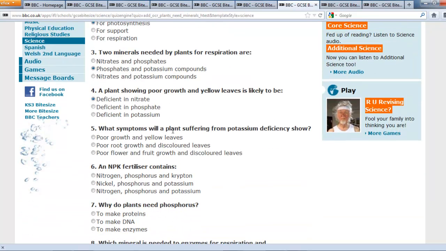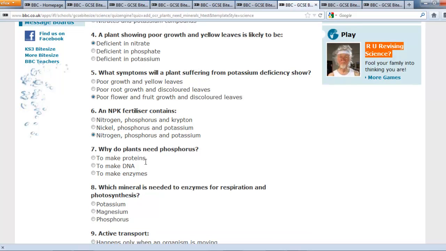What symptoms will a plant suffering from potassium deficiency show? Poor fruit growth, discolored leaves. NPK: nitrogen, phosphorus, and potassium.